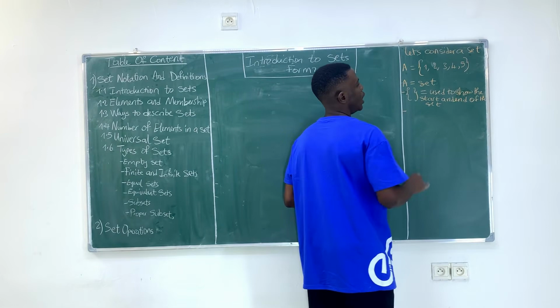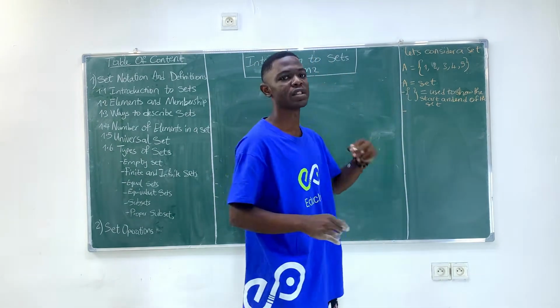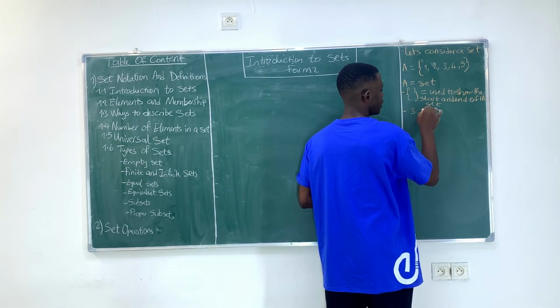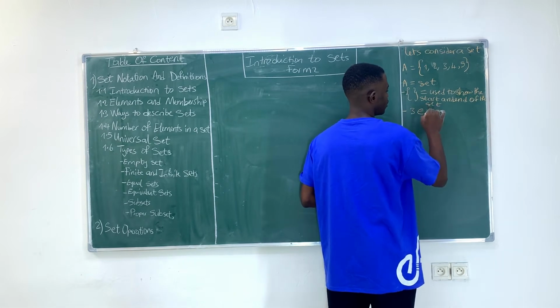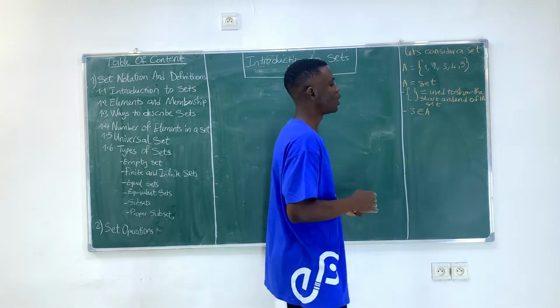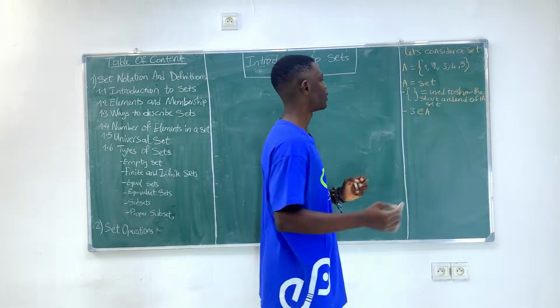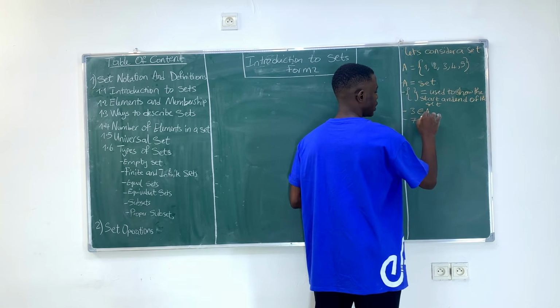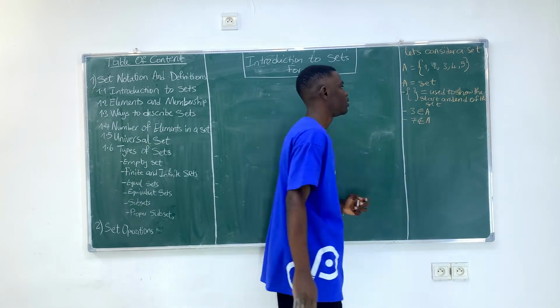Now, how do I show one element of the set? I'll say 3 is an element of A. How do I show one that is not an element of A? I'll say 7 is not an element of A.